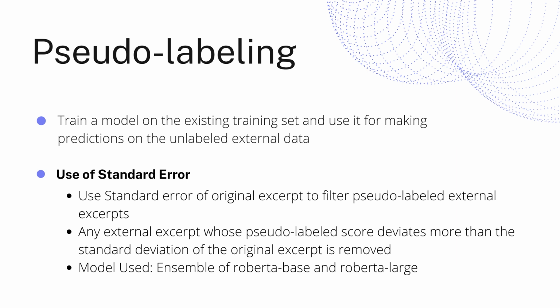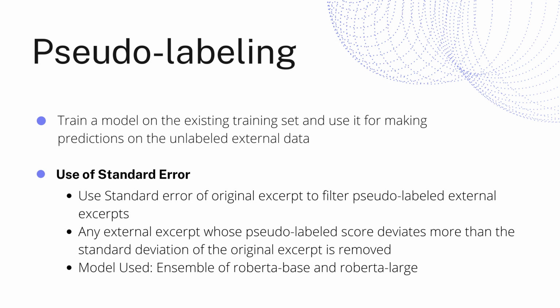But now, to further enhance the quality of our data, the winning solution makes an interesting use of the standard error column. Basically, we use it to filter our pseudo labeled external excerpts.